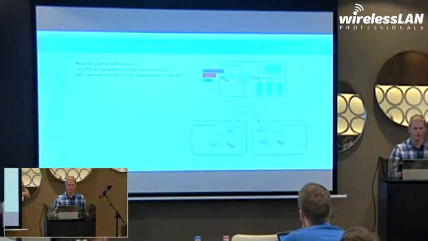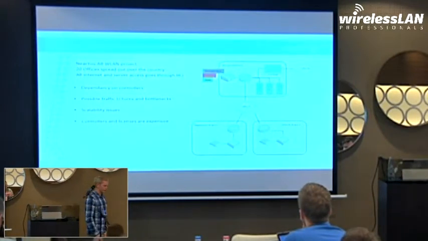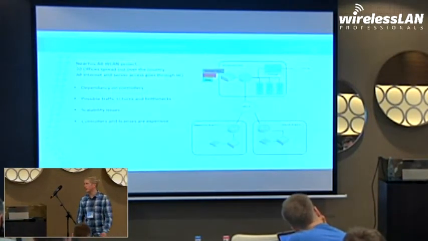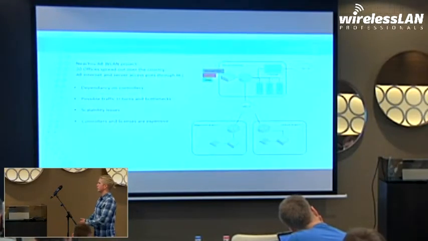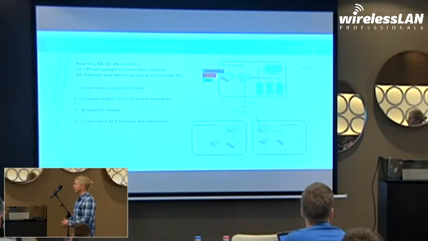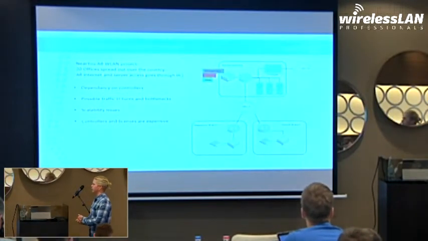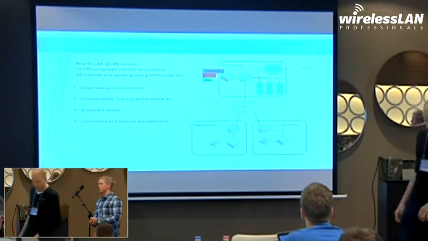So what are the drawbacks of a centralized architecture? It's dependent on those controllers. So you've got a single point of failure if you only have one controller. Of course, you should use redundancy, but it's anyway dependent on the controllers to work. We've got possible traffic U-turns and bottlenecks.